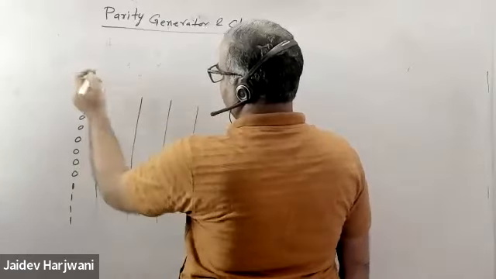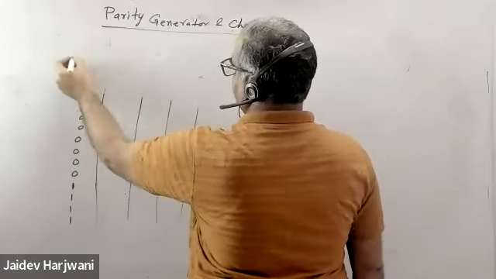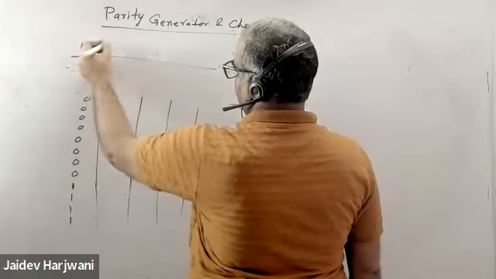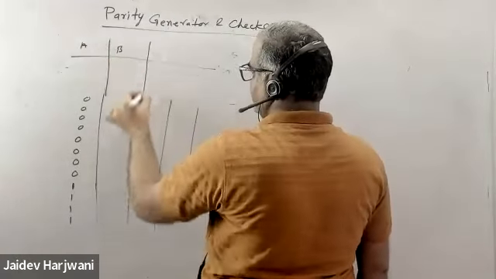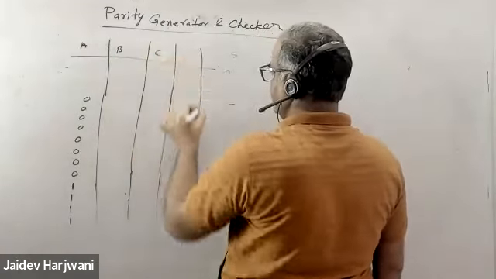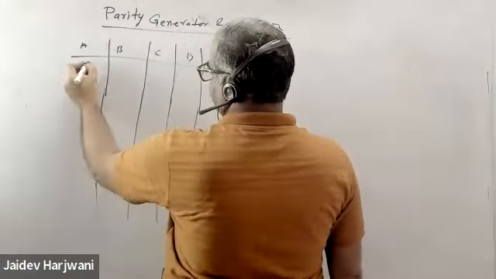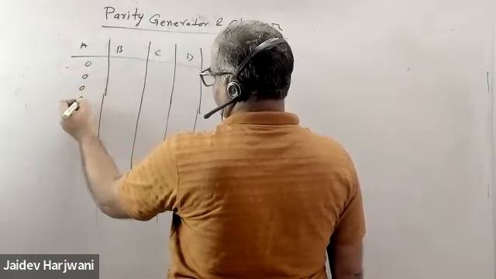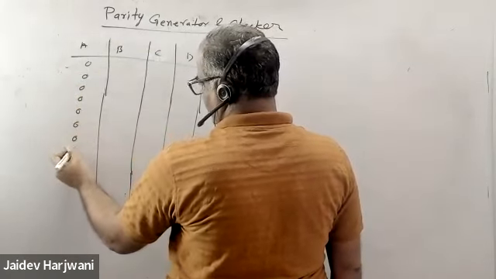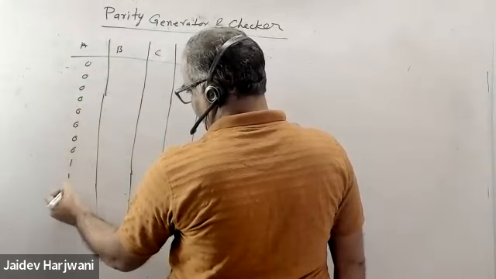If it's not visible here, say this is my A, B, C, D. Say this is my 0 0 0 0, 1 2 3 4 5 6 7 8, 1 1 1 1.